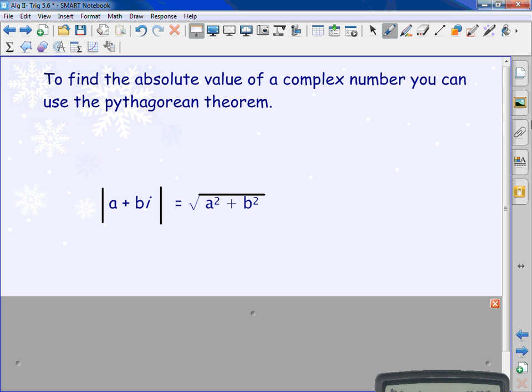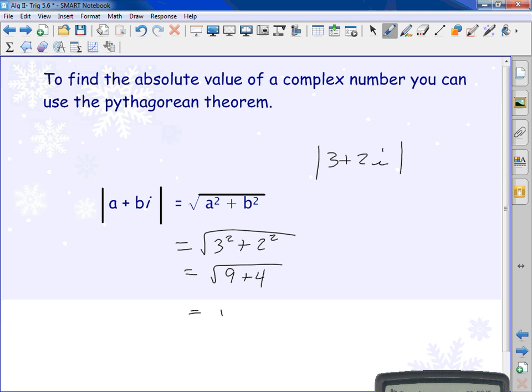So if we're talking about 3 plus 2i, the absolute value equals the square root of 3 squared plus 2 squared. 3 squared is 9. 2 squared is 4.